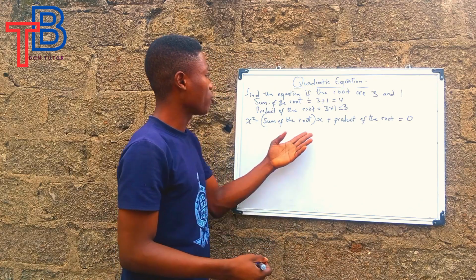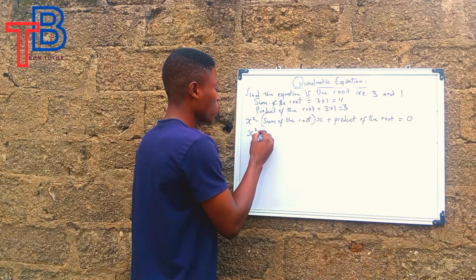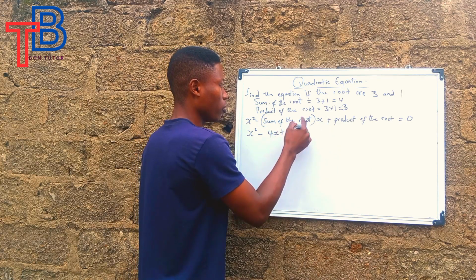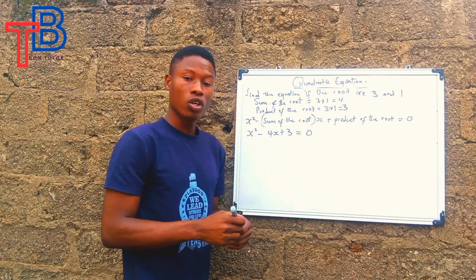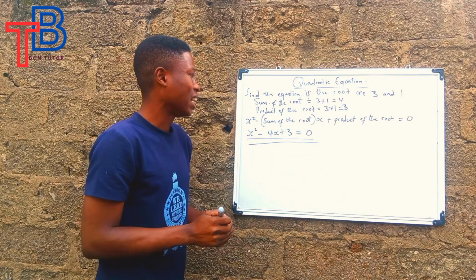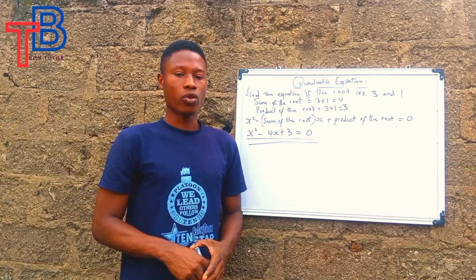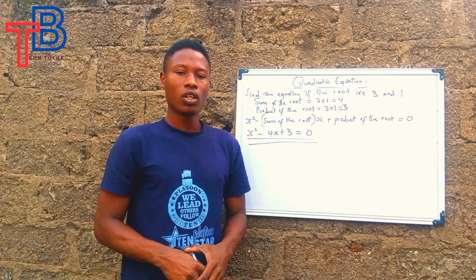Which means we just have to substitute this into here, and we'll be having x squared minus 4, you have your x, plus the product of the roots, which is 3, and everything equals 0. This is an equation that the answer will give you 3 and 1 as the roots, which means this is the equation you have for such roots.